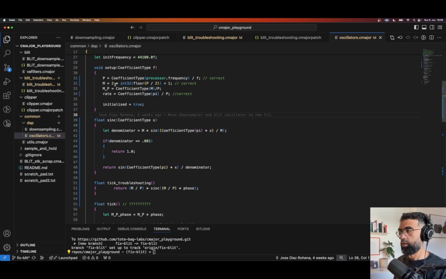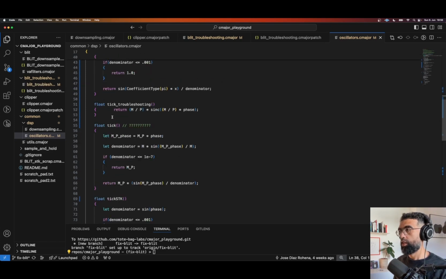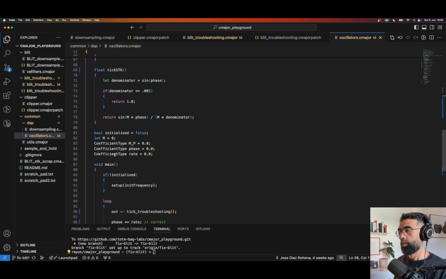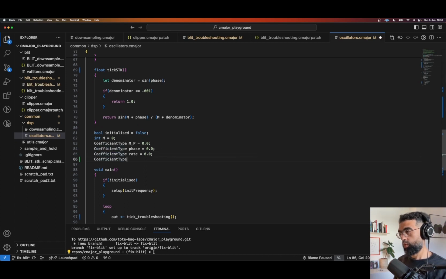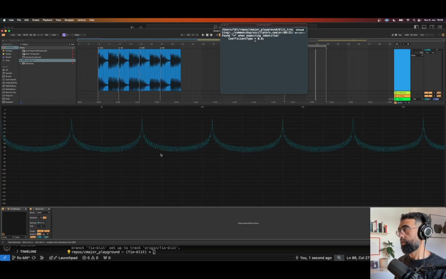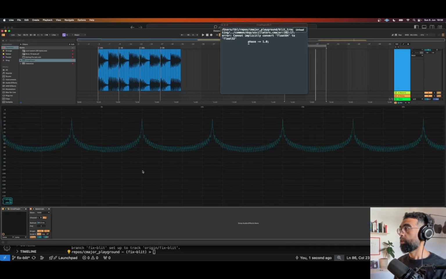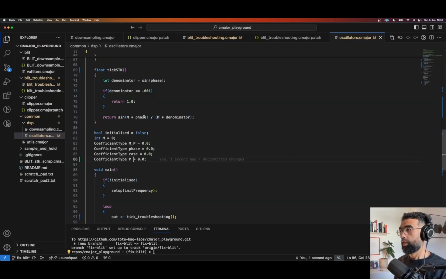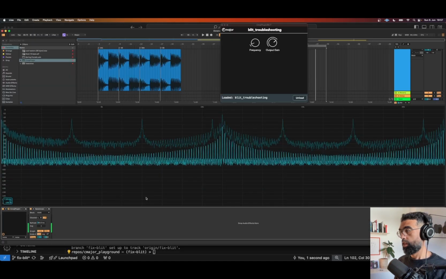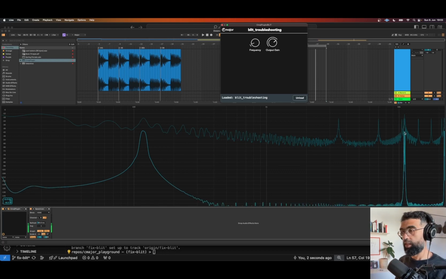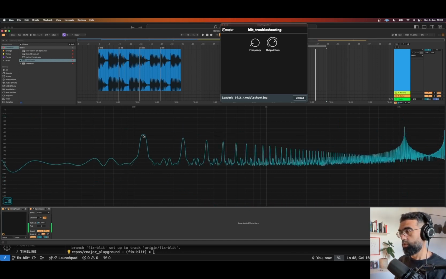This is because the way I was calculating this didn't require us to store P. Coefficient type, oh yeah, P. Oops. That looks even worse. Still not looking great. Still not good.